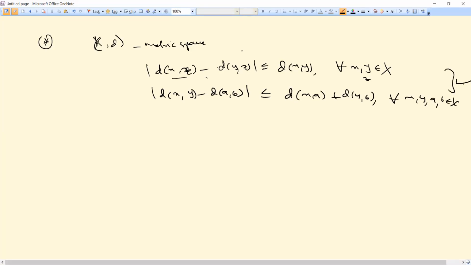One can easily prove it. Again, there is another example.